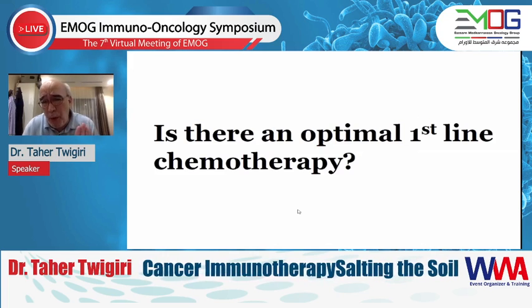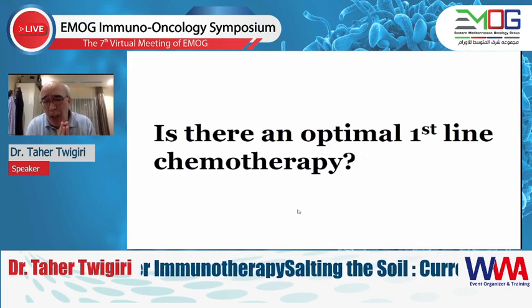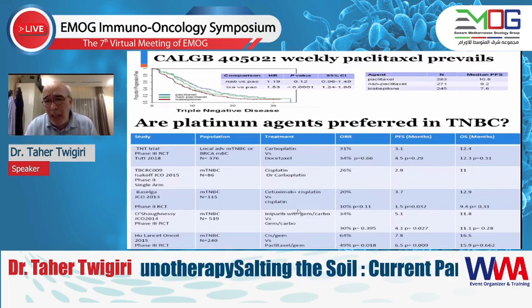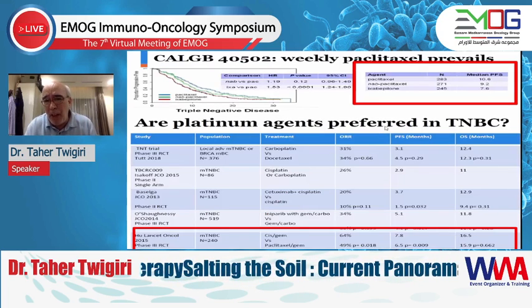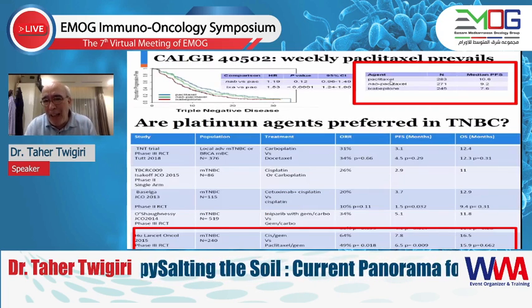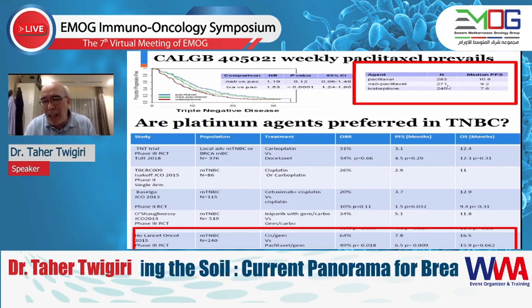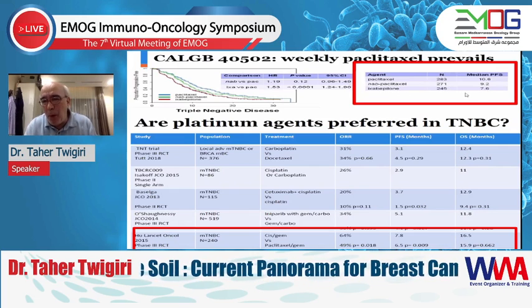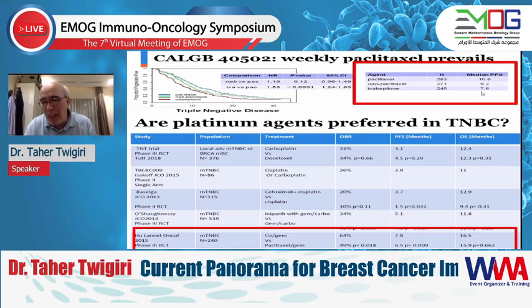Now, just for everybody, is there an optimal first-line chemotherapy? As you can see from here, with paclitaxel it is about 9 months. Nab-paclitaxel is very expensive. It is 9.2, except nobody would use it today. It is about 7.6.